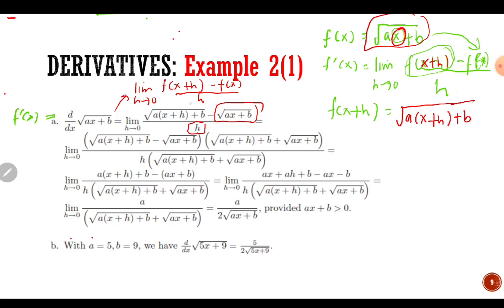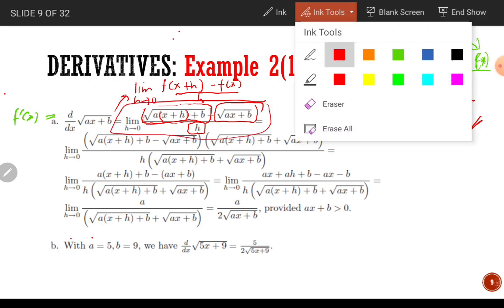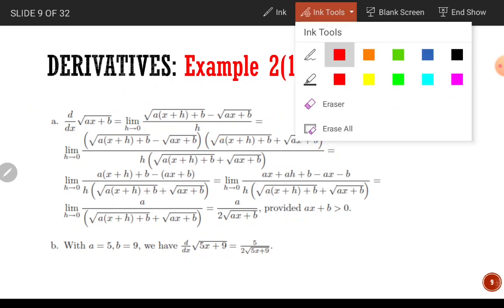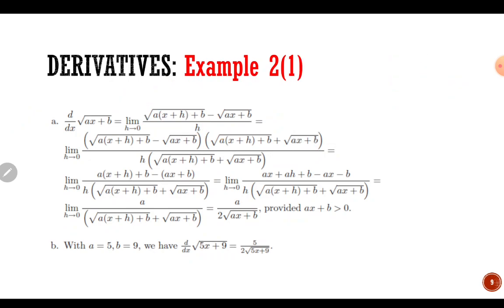And our f(x plus h) adalah square root of a(x plus h) plus b. Nampak? So, I hope you all clear lah macam mana kita dapat this one. Okay? Alright. So, now, saya remove limit ini, tak nak nampak serabut.